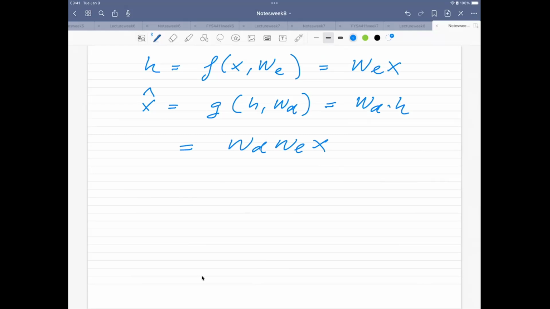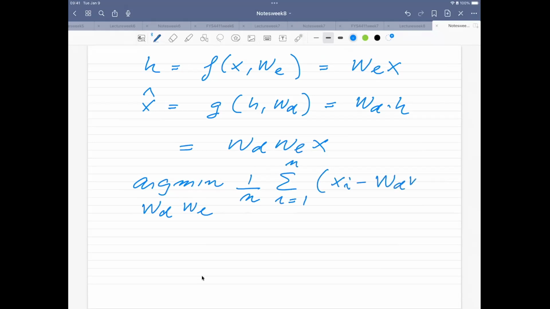So that means that our autoencoder is actually us doing a minimization, argmin over W_D and W_E, of this quantity here. And now I'm just going to assume that these are vectors, so W_D and W_E will be matrices, with the sum from 1 up to n of the squared norm of x_i minus W_D times W_E times x_i. This is a quantity I'm going to optimize. So when I say linear connection, this is what I mean. Okay?